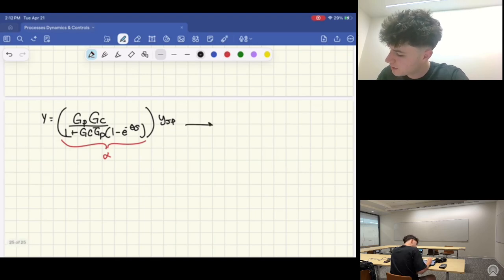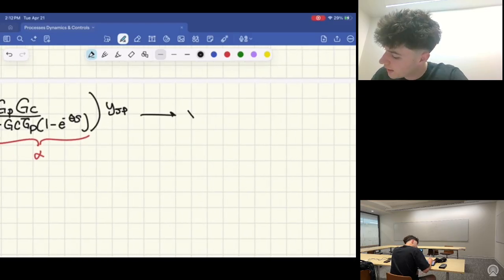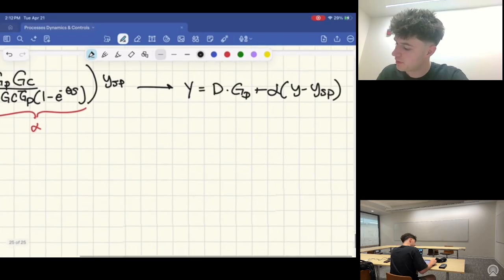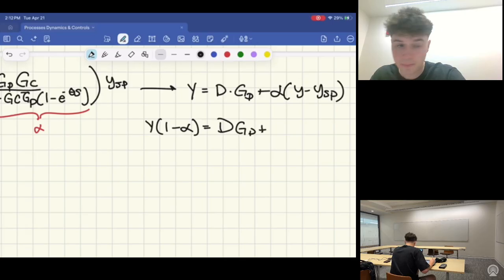So then this becomes Y equals D times GD plus alpha times Y minus Y set point. Now again, you rearrange this even more, you get Y minus alpha Y equals just D times GD plus alpha YSP.